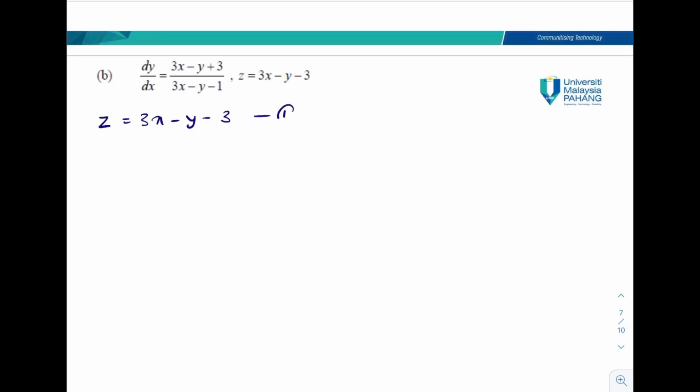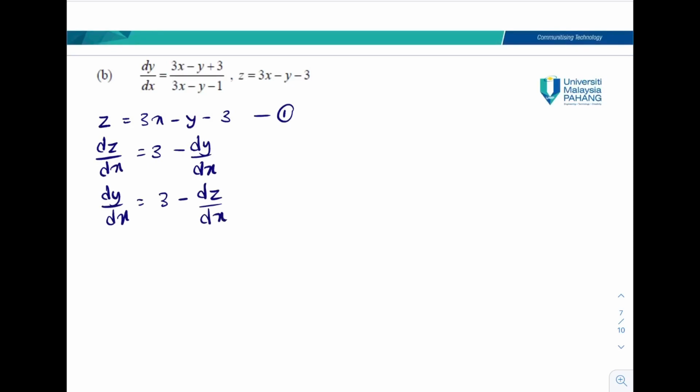This is equation 1, and then differentiate: dz/dx equals to 3 minus dy/dx. Okay, differentiate 3 will become 0, so I don't write that. Okay, and then we simplify. dy/dx equals to 3 minus dz/dx. Okay, this is equation number 2.